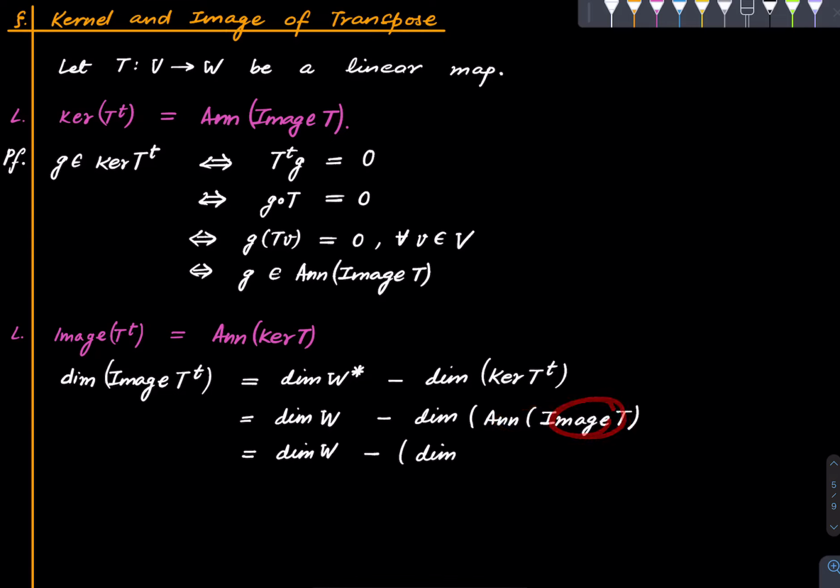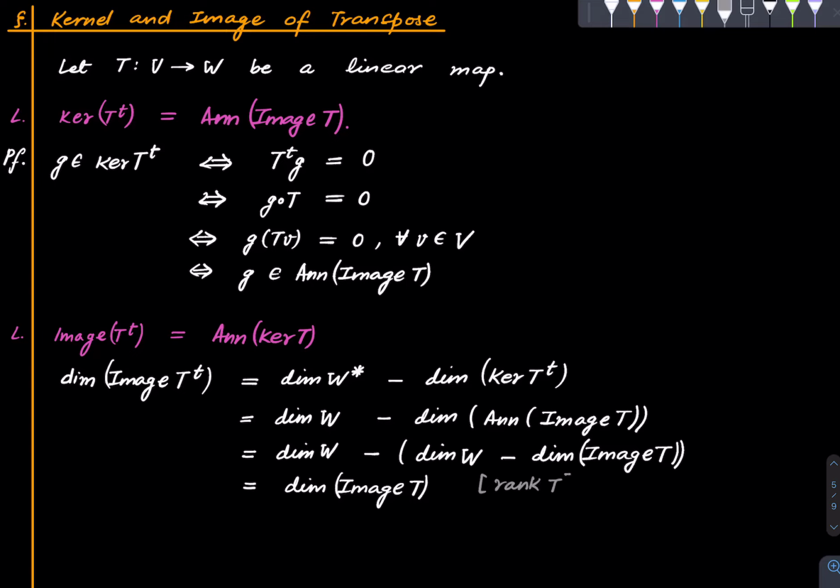The image of T is a subspace of W, and hence the dimension of the annihilator of the image of T is the dimension of the parent, the parent of image T being W, meaning image T sitting inside W, minus the dimension of the image of T. Just let me remark that this is the same as the rank of T. We've already shown that the rank of T transpose is the same as the rank of T, but of course, we're trying to prove something more than that.